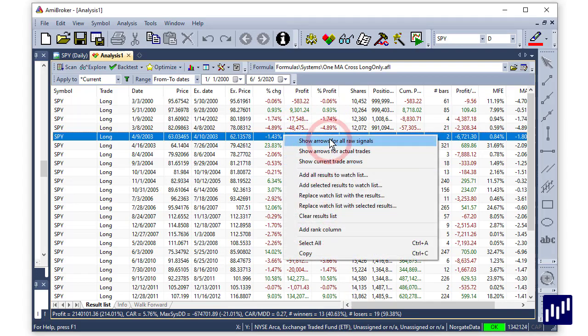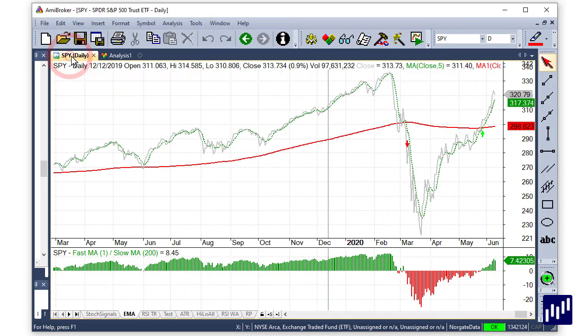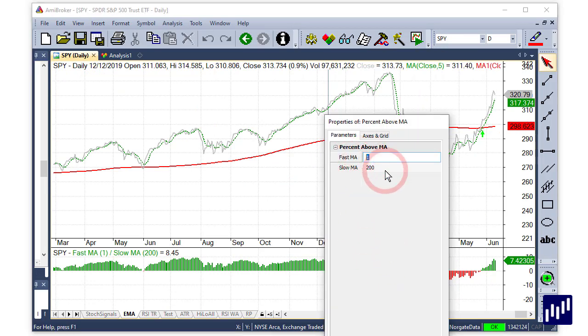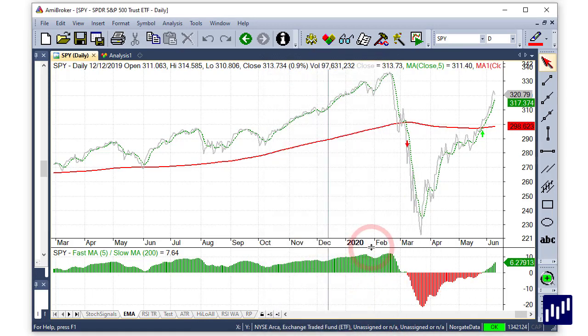And then if we look at the actual signals, I'll go ahead and change this to a 5-day. So this is a custom indicator that I've created, but it might be available on StockCharts someday.